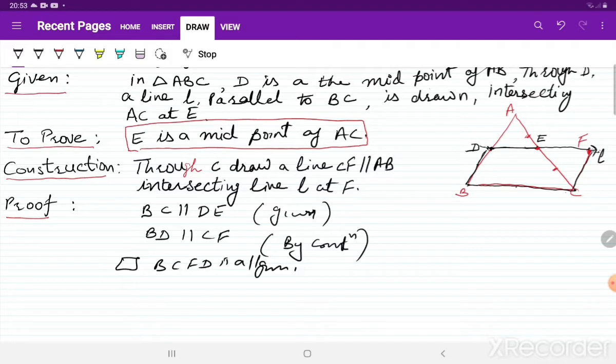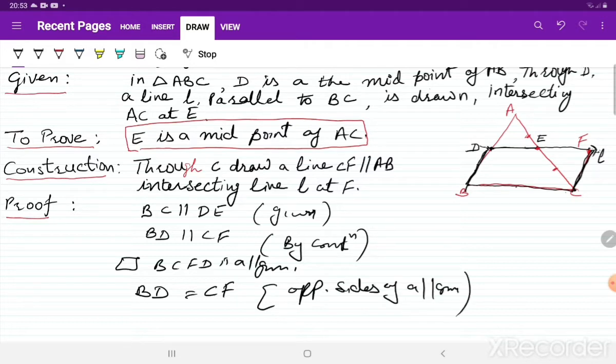Then we can write BD is equal to CF. You can write the reason here: opposite sides of a parallelogram.